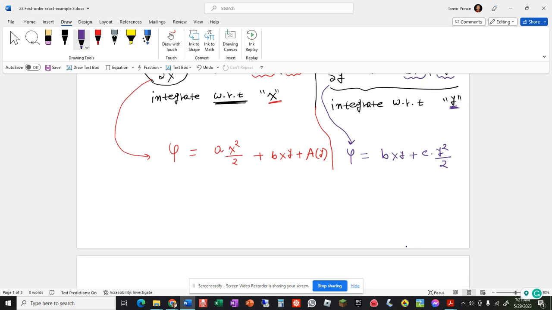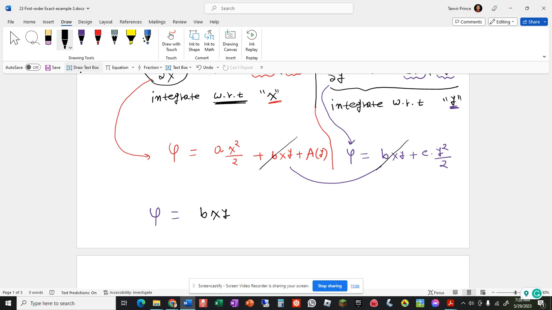So now let's compare them. Remember, any term that appears in both of them, you just take one. This bxy and bxy appear in both of them, so I just take one of them. In fact, any cross term, that means any term that has both x and y, should appear in both of them.